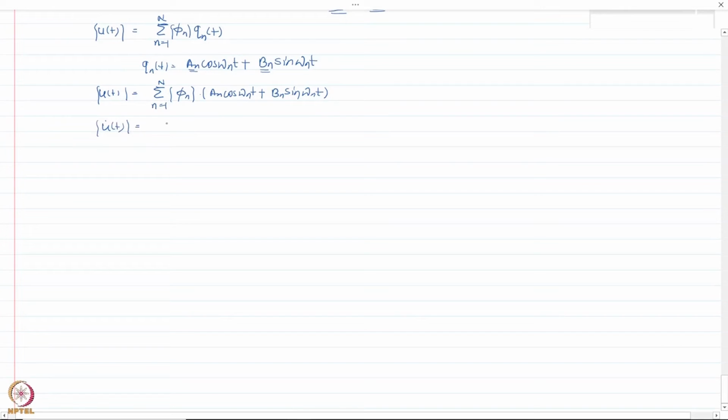This would be omega n phi n times minus an sin omega nt plus bn cos omega nt. Let us substitute t equal to 0.